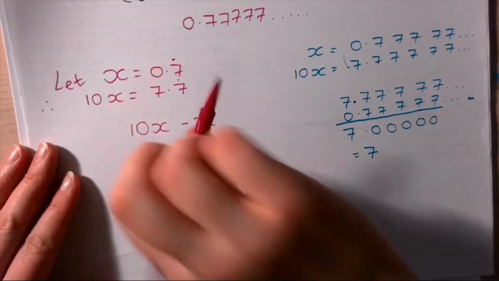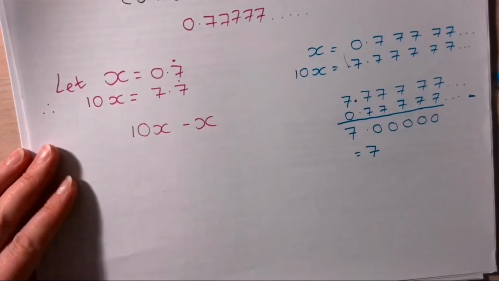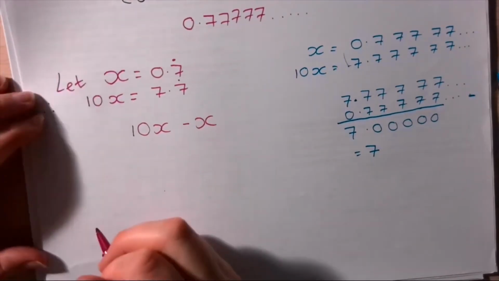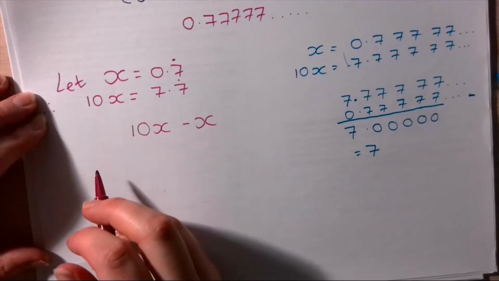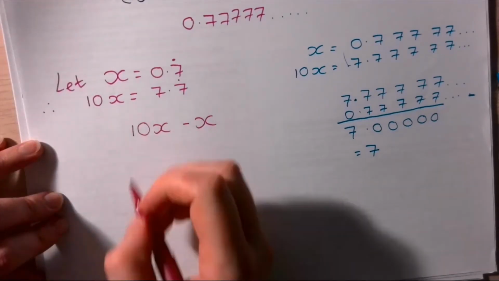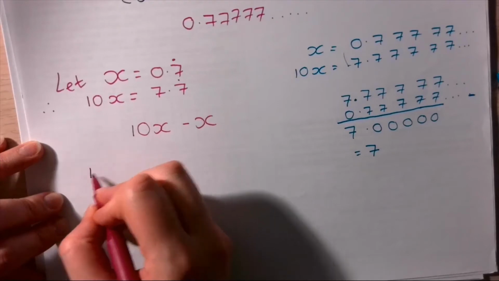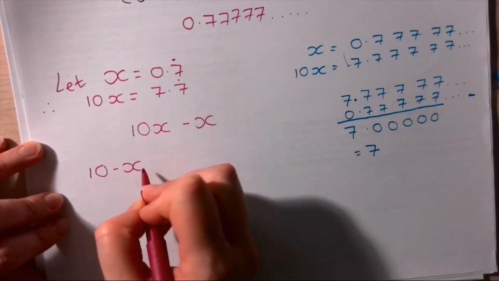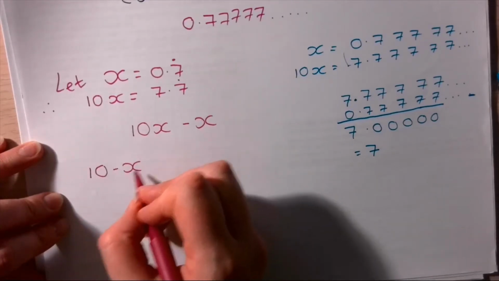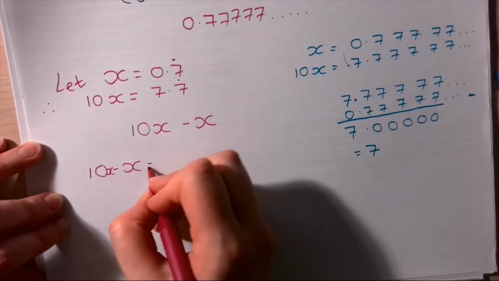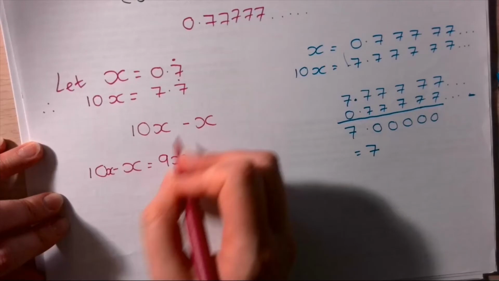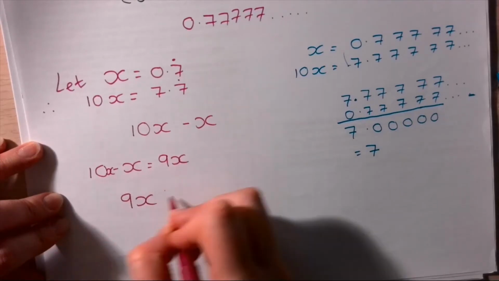So if x equals 0.7 recurring, and therefore 10x equals 7.7 recurring, the calculation that we're actually going to write out is 10x minus x equals 9x.